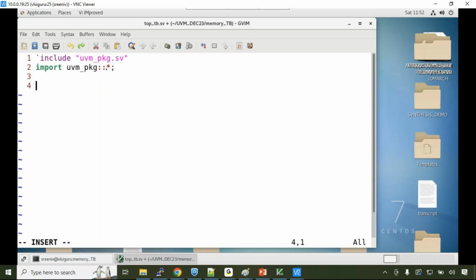Next, you follow the regular process. What is the regular process? Module, of TB, whatever name you want to give.